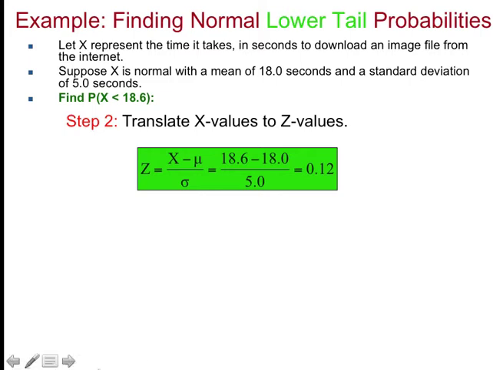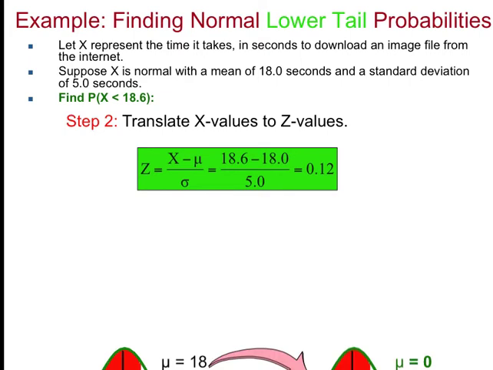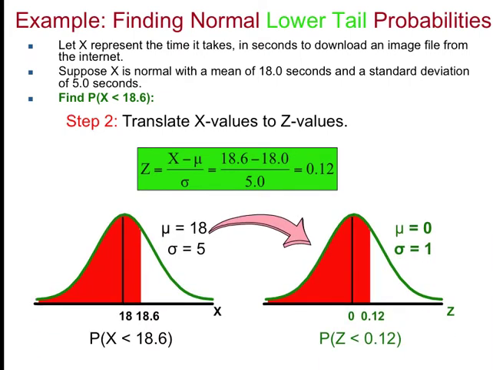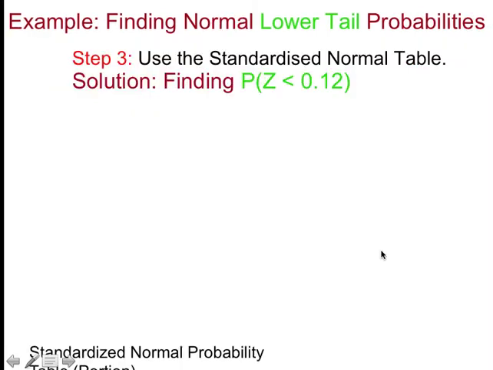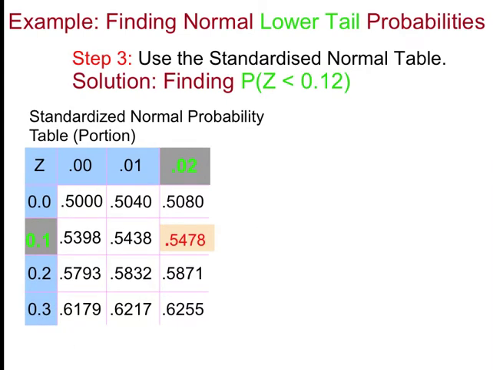If we substitute the mean value, which is 18, the standard deviation, which is 5, and the value of interest, which is 18.6, we will have a z-score value of 0.12, so that we have a one-to-one mapping between the x values and the z-scores. Finally, we use this z-score to determine the probability from the standard normal table.